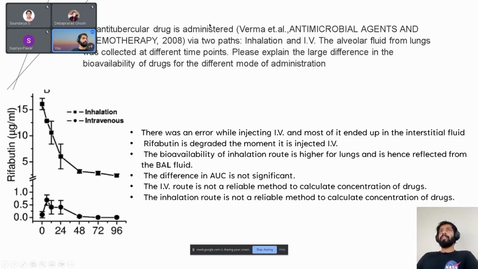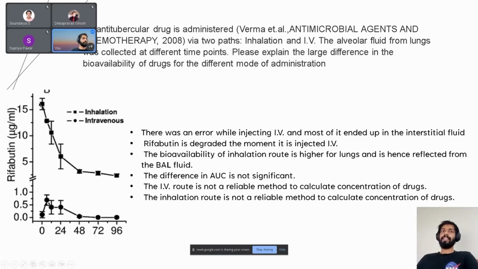Okay. An anti-tubercular drug is administered via two paths, inhalation and IV. The alveolar fluid from lungs was collected at different time points. Please explain the large difference in the bioavailability of the drugs for the different modes of administration.